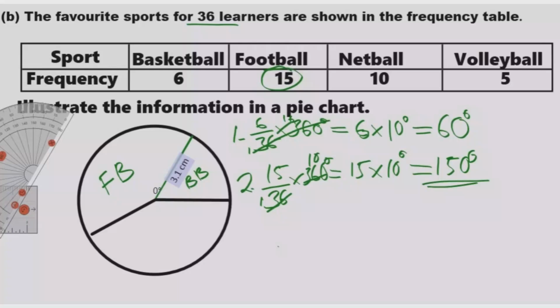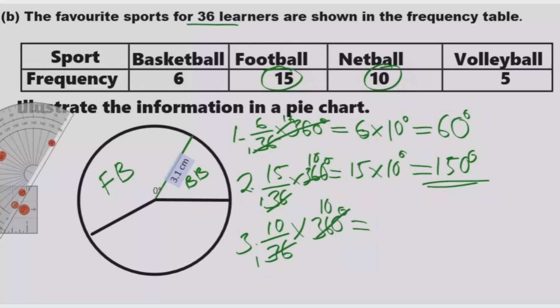Okay, so we come to plotting the netball. We have, sorry, that should be 10. So for netball we have 10 out of 36 learners times 360 degrees, which will be equal to, as usual, this is 1 and this is 10.